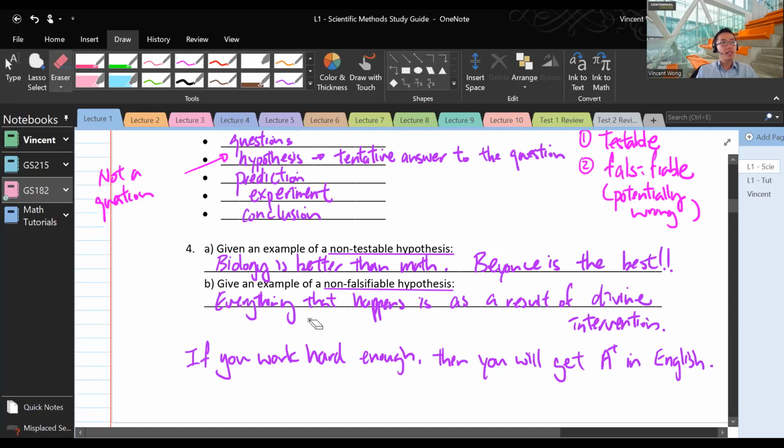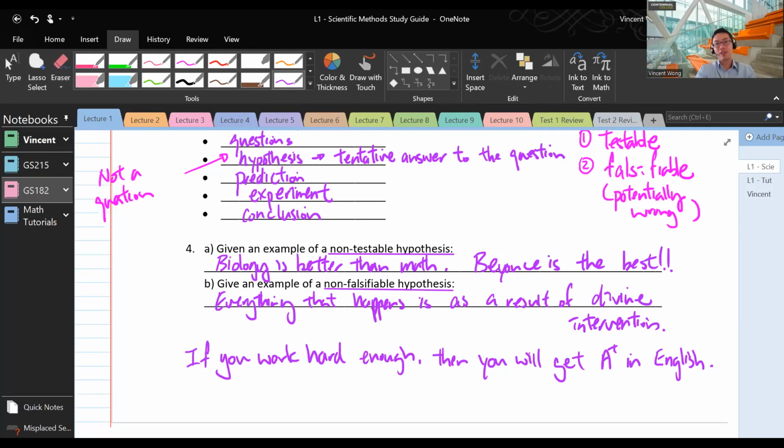Natalia asks, how is this non-falsifiable? Okay, so you cannot prove it wrong, right? Because there is no way to prove whether something is a divine intervention or not, right? That's something that the person believes, a personal belief, right? So we cannot prove someone's belief to be wrong, right?